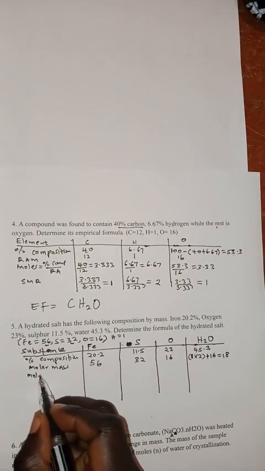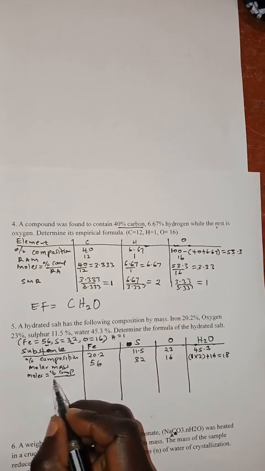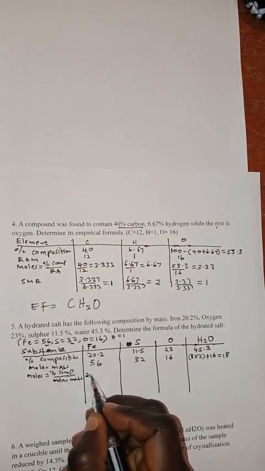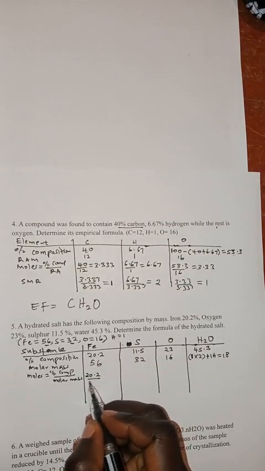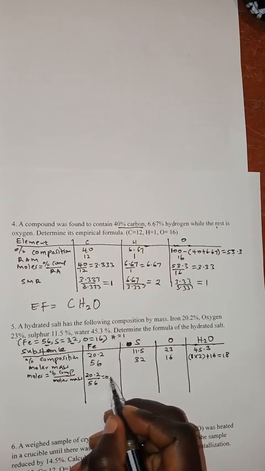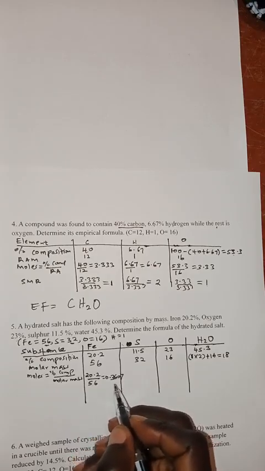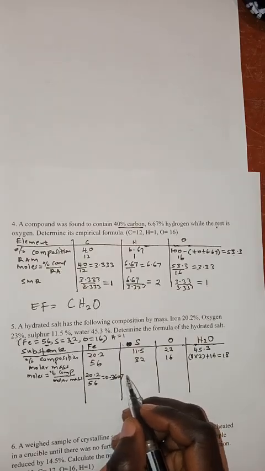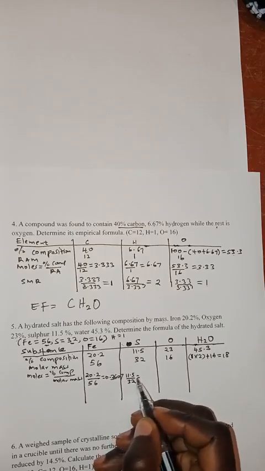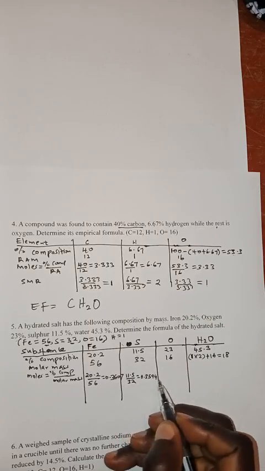Now we get the moles. Moles is equal to percentage composition over molar mass. The percentage composition for iron is 20.2 divided by the molar mass of 56. That is going to give us 0.3607. Then sulfur is going to be 11.5 divided by 32 equals 0.3594.